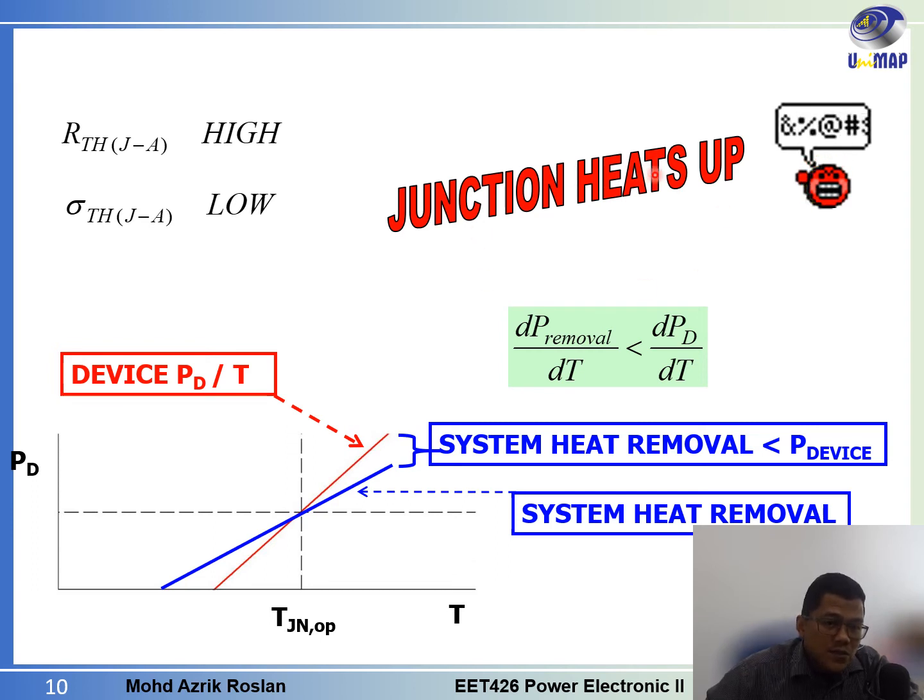The heat produced by the converter is too much, and the heatsink does not have enough capacity to dissipate all the heat from the component. So this will be a problem and it will cause problems to your device.